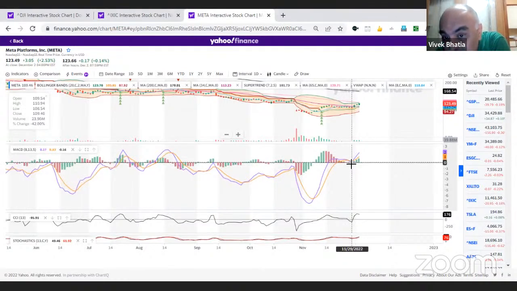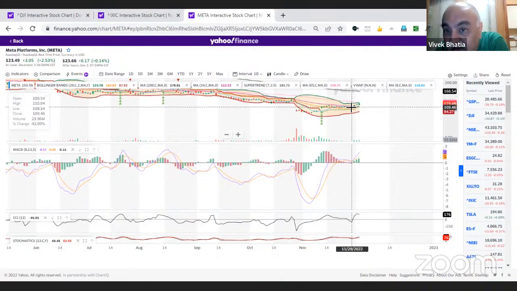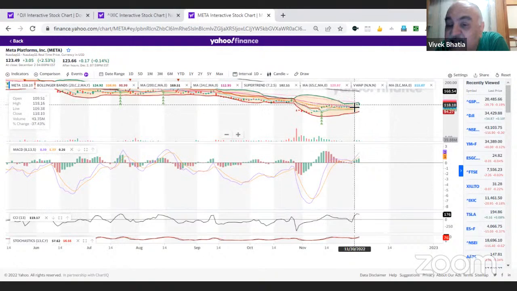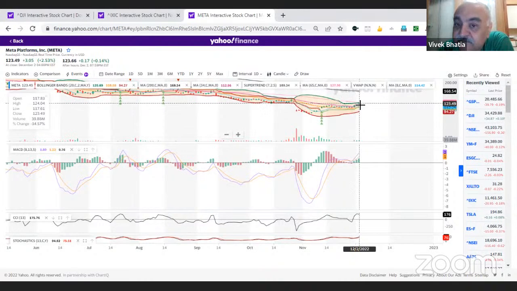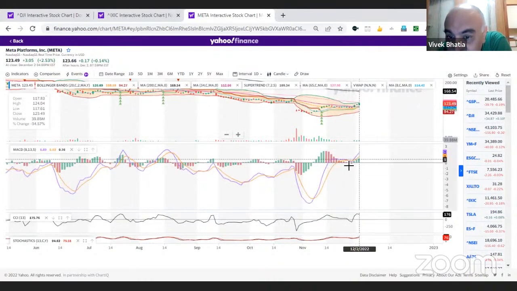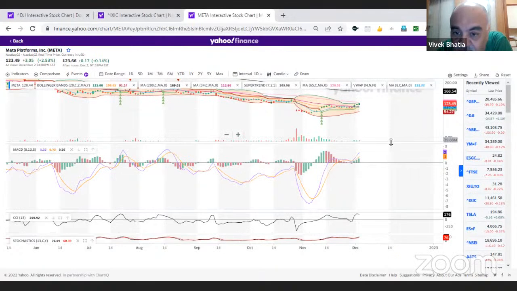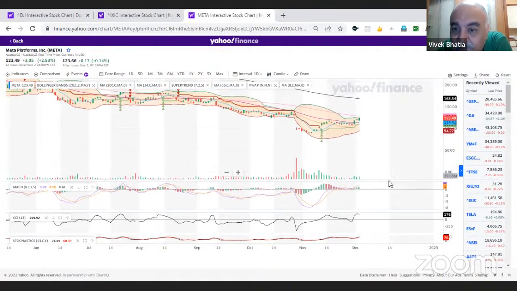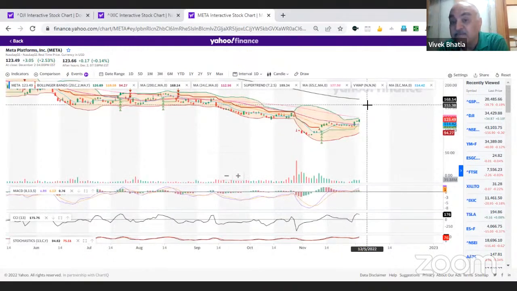It crossed over above the zero and did not even enter the histogram. Both the lines are above the histogram, which is why this is moving up. The crossover gave you a 13% movement straight. That is the importance of MACD crossovers happening above the zero line, giving you a momentous move.